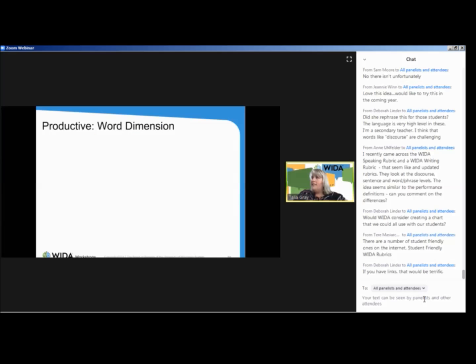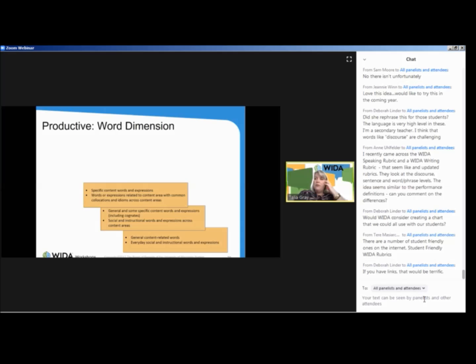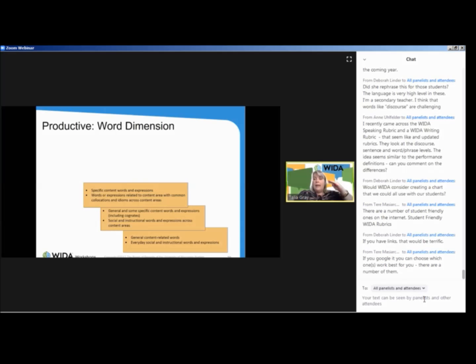For the productive word dimension, your level 1 says general content related words and everyday social and instructional words and expressions. You can see that those build upon each other, so they go up and everything becomes more specific and more technical.